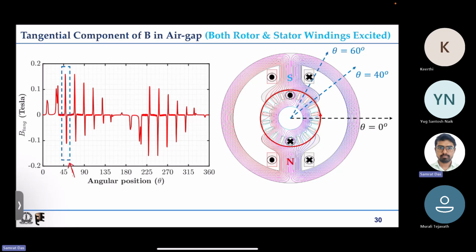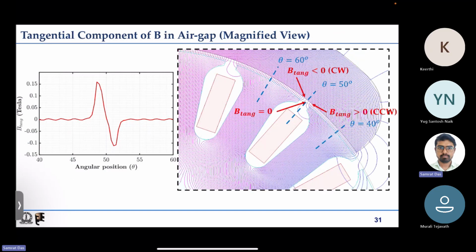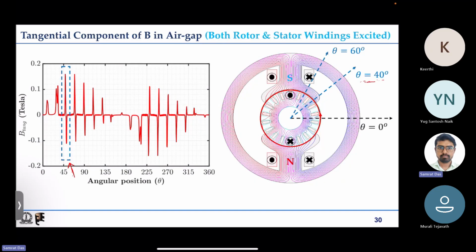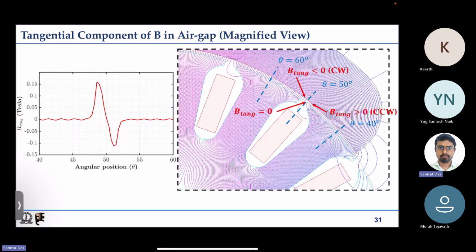The corresponding angles are shown here, between theta equal to 40 degrees and 60 degrees, in between these two lines. This portion, in the air gap, we are going to see a zoomed in version of that. So this is a zoomed in picture.